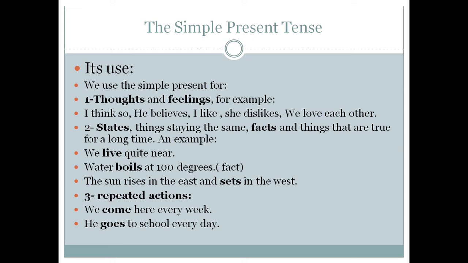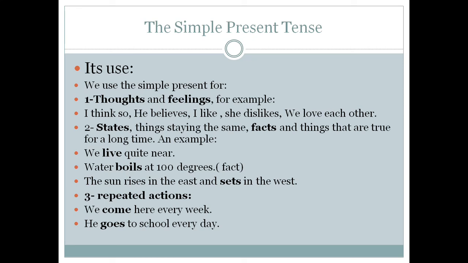Now, the most frequent use for the simple present tense is for repeated actions. Any action that happens repeatedly, in a regular way, in a habitual way, should be described using the present simple tense.